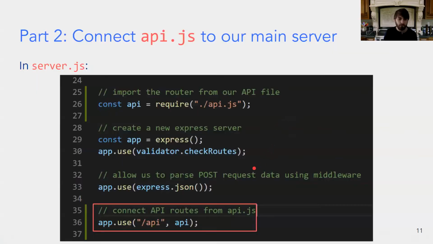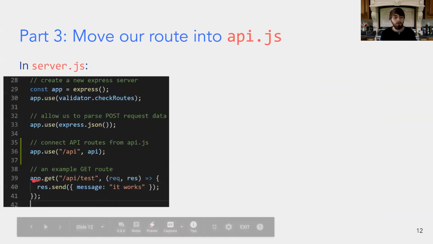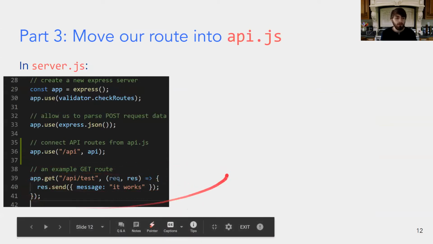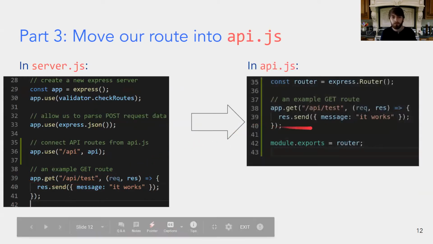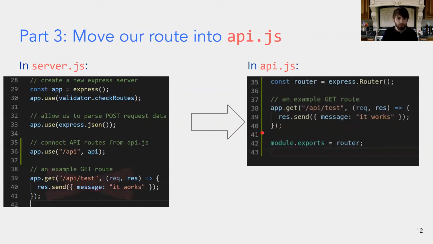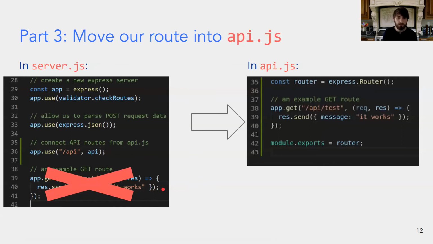So with that in there, we still have our one existing route within the server.js file, and we want this poor route to get out of our server. We don't want it here. He's not fun anymore. So instead, we'll move it over into api.js and remove the one from server.js.